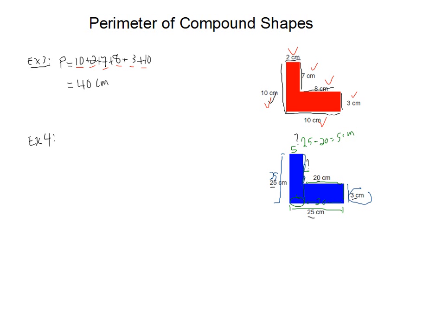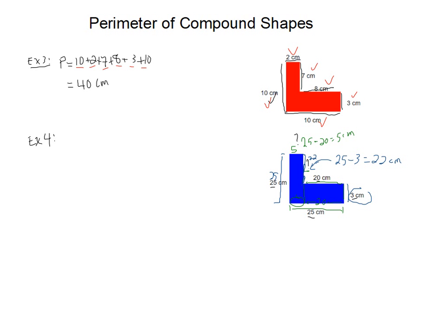So we know that this distance is 3 centimeters. That means that this distance in here needs to be the whole length, which is 25, minus the 3 centimeters. 25 minus 3 gives us 22 centimeters. So again, we can label that. I'll just try to stick it in here so we don't lose it as we're working through.